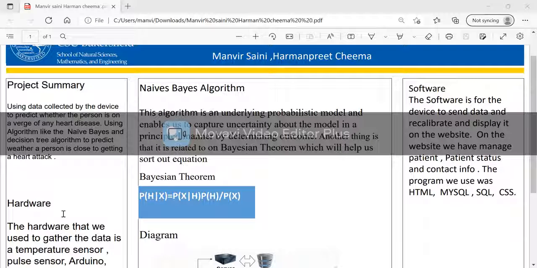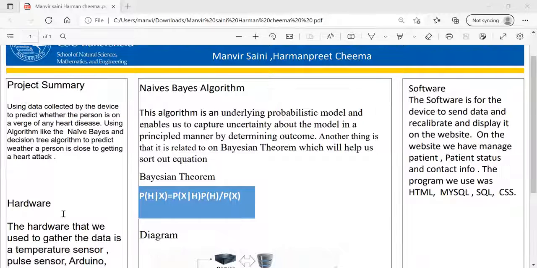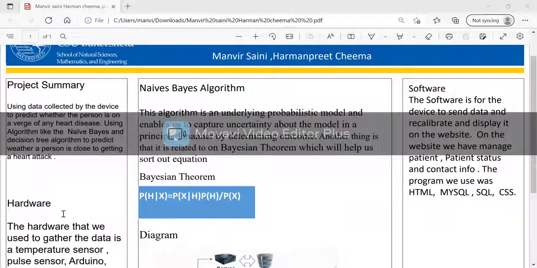The next that we used was the Bayesian theory, which is, given training data X, the posterior probability of a hypothesis following the Bayes theorem.